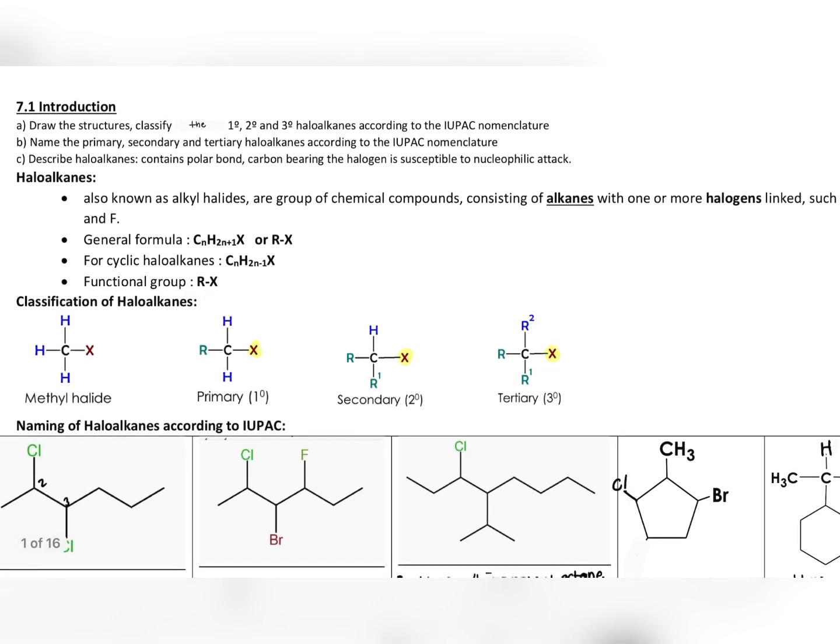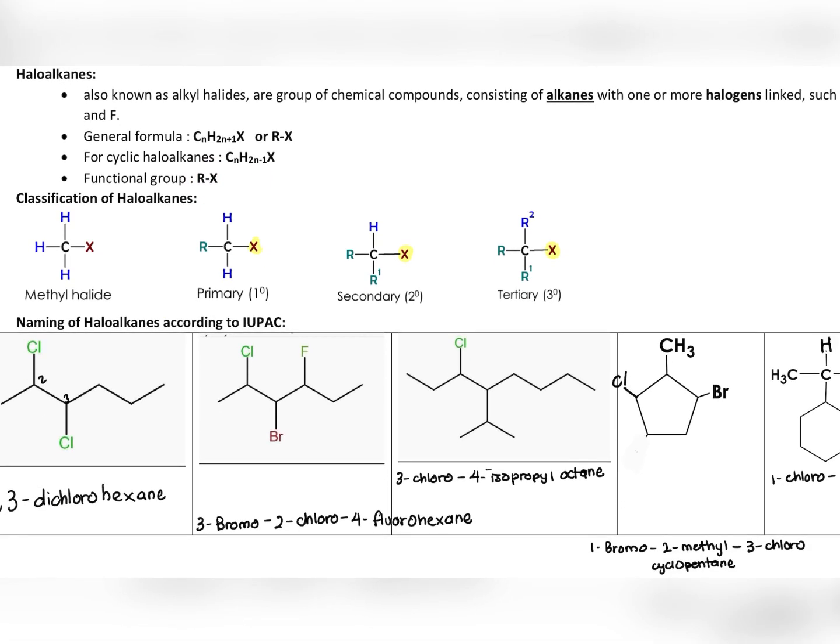Right, so for the classification of haloalkane, kita ada 4. Untuk classification of haloalkane, kita ada methyl halide, primary, secondary and tertiary haloalkane. So macam mana nak classify them? So kita akan tengok lebih kurang macam kita classify hydrogen.